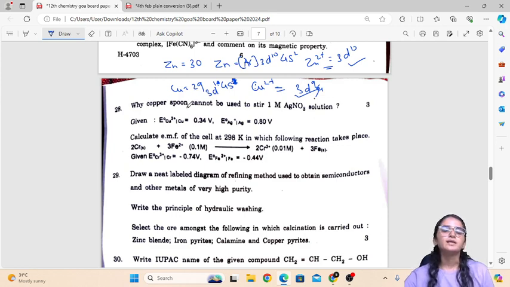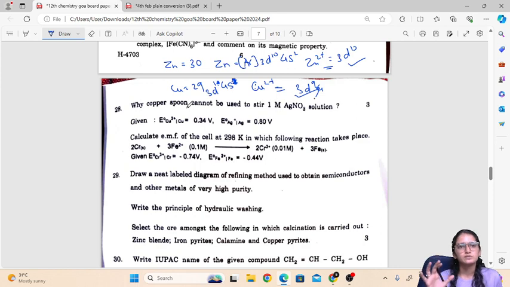We know that based on the reactivity series or on their electrode potential, metals are arranged in a particular manner. Based on that, we have to see which metal can replace the other metal. According to that concept, copper is more reactive, having a lower E naught value, a lower electrode potential. So copper is more reactive than silver, and copper will replace silver from silver nitrate solution.